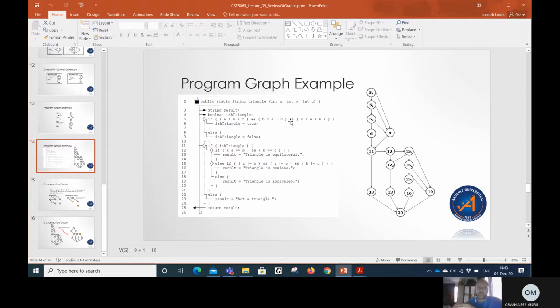Because if you notice, what I said is we want a test case that follows this edge, this edge, this edge, and this edge.